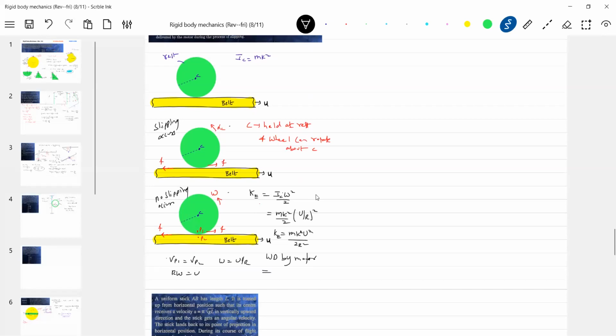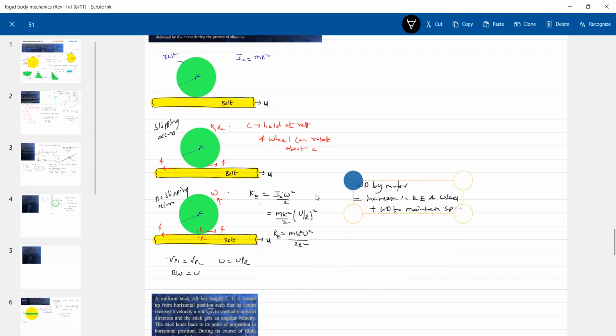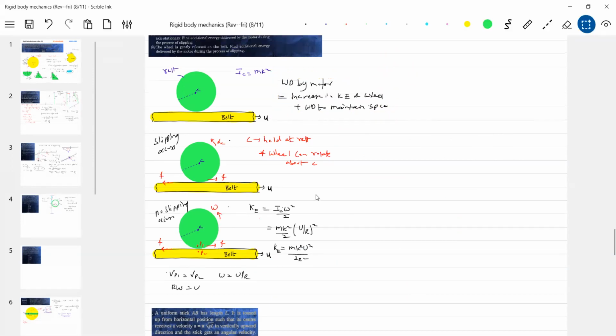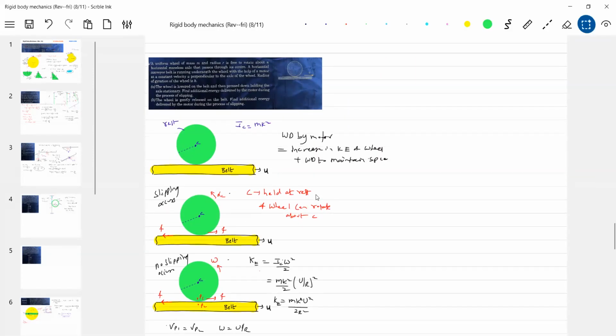Work done by motor should be equal to the increase in kinetic energy of the wheel plus the work done to maintain the speed of the belt constant.